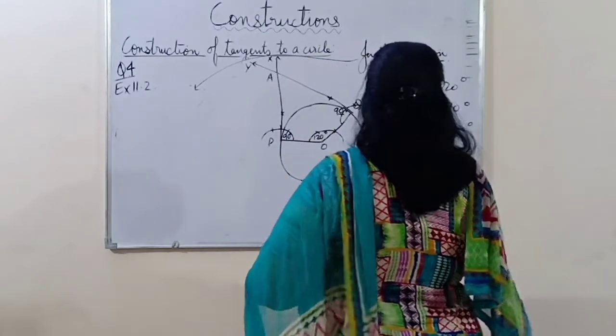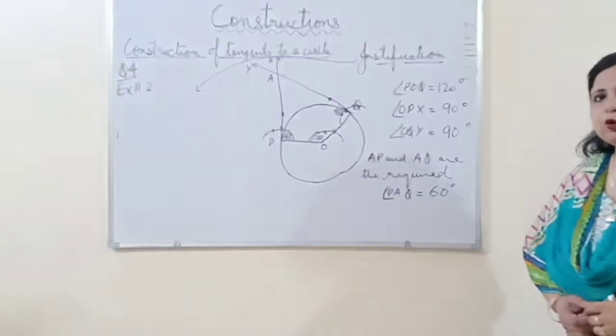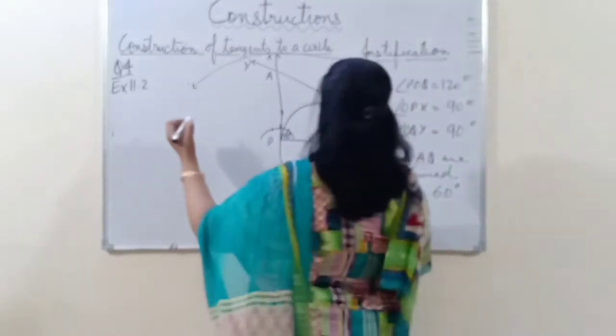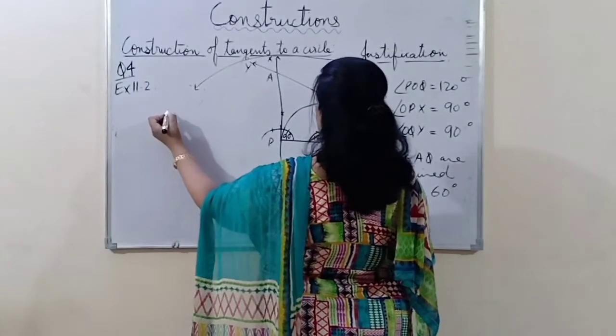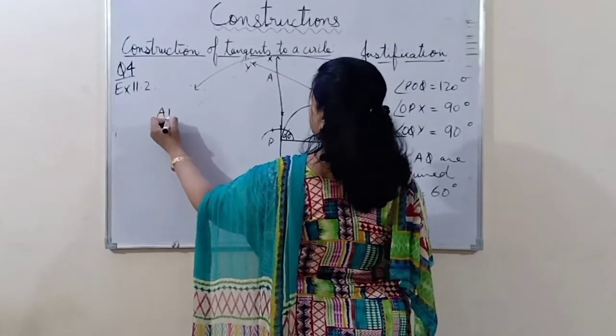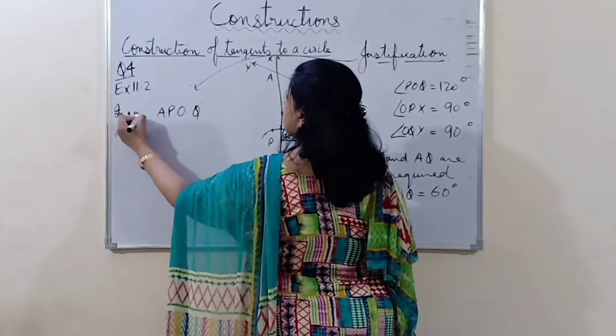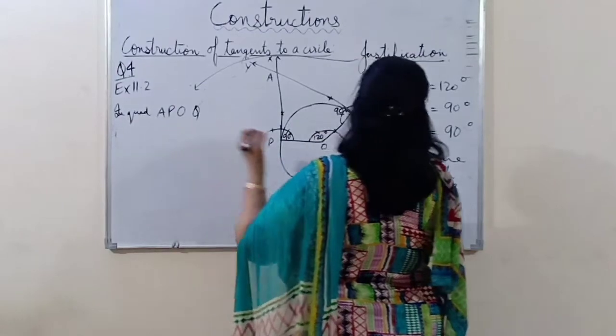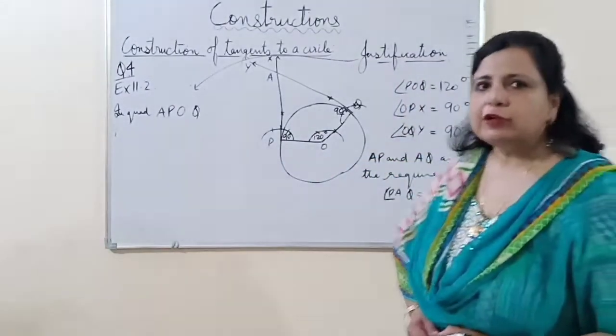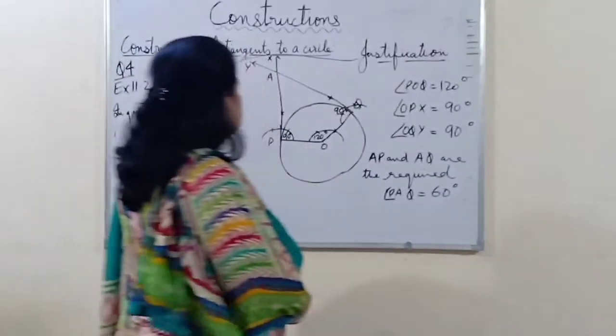Now here, if you look at the quadrilateral APOQ, in a quadrilateral the sum of the four angles will be 360 degree.